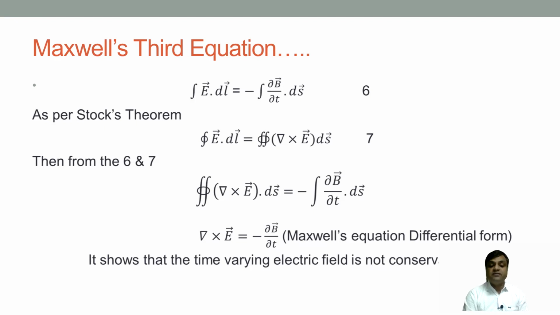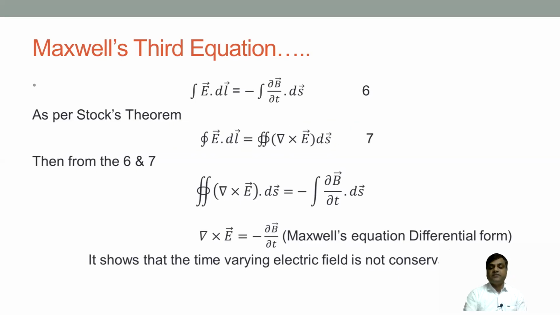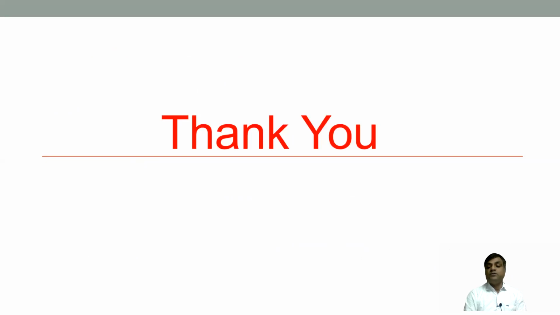The Maxwell third equation is derived from Faraday's law, and for the time varying case the electric field is not conservative, but in the static case the electric field is conservative in nature. That is all about the Maxwell first and Maxwell third equation.